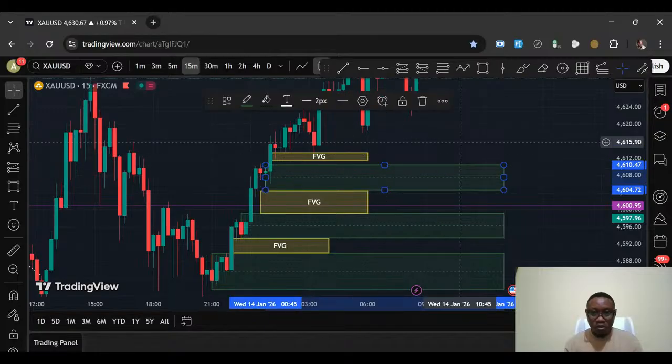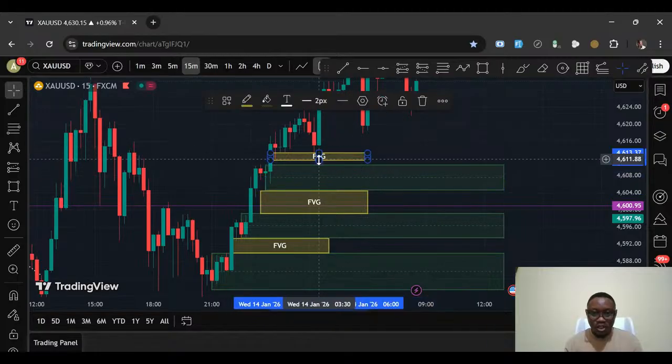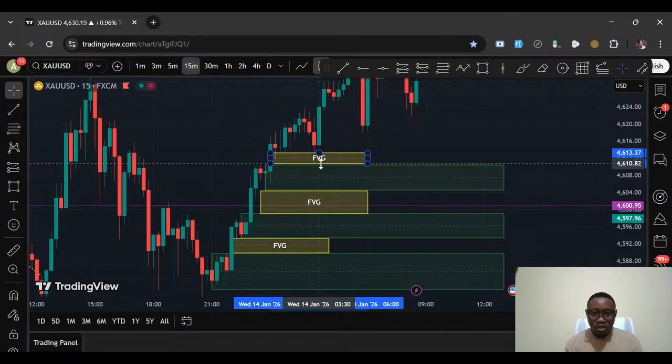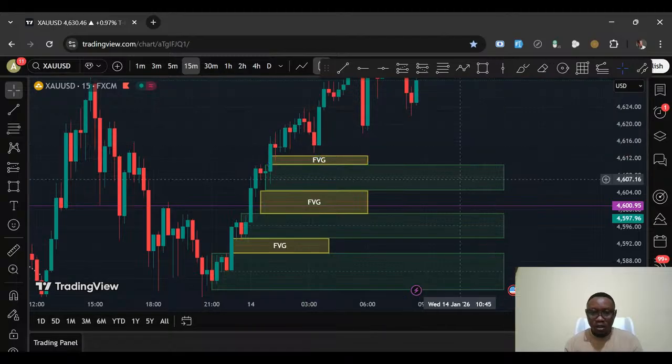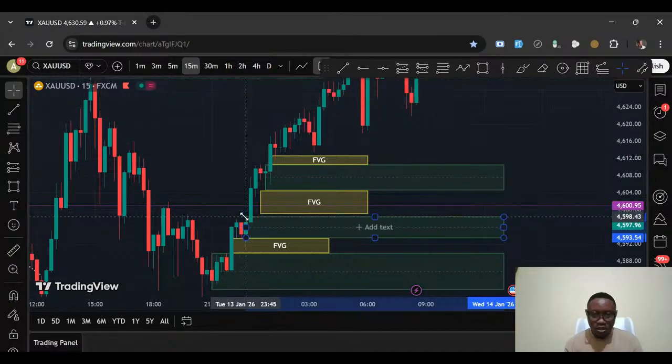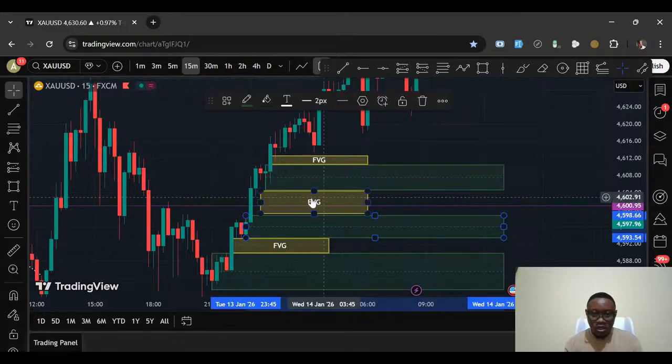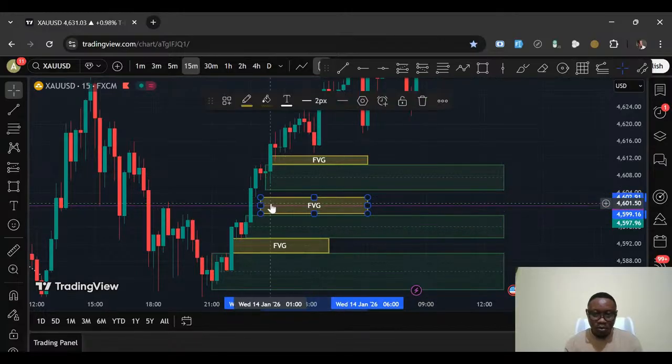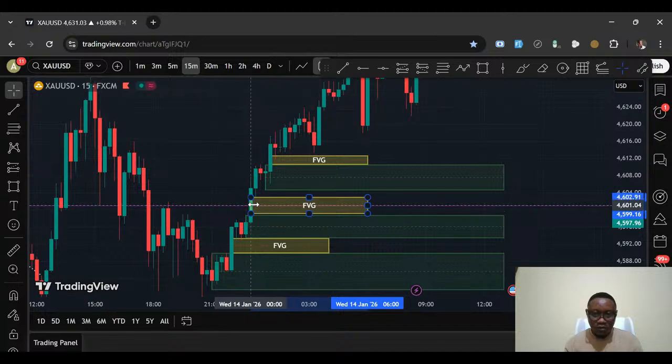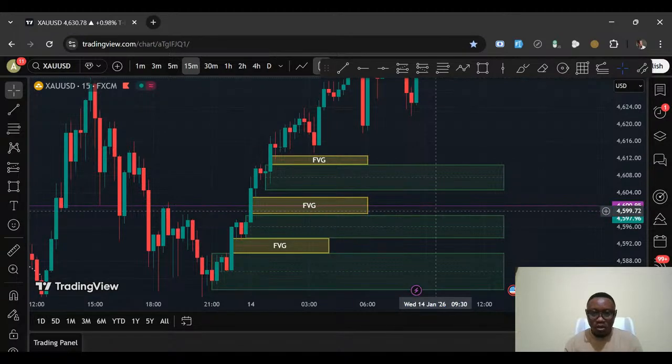There's an order block here, and our FVG, bring it down to this to fill up this gap. This is the gap here. This is our FVG.